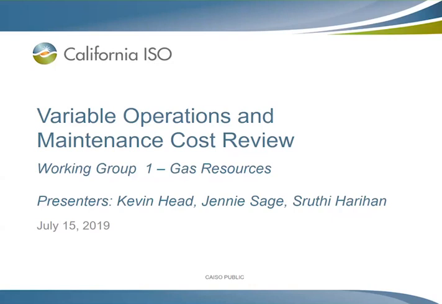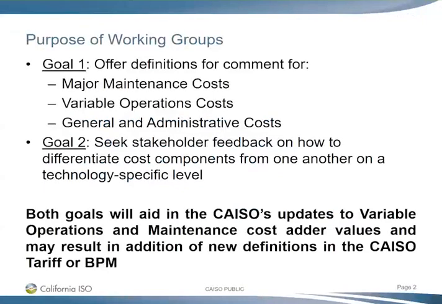Hi, everyone. Kevin Head. I'm a market engineering specialist here at the California ISO. I'd like to start by just discussing the high-level purpose of the working groups. First goal is to offer some definitions for comment of a few cost component items: major maintenance costs, variable operations costs, not to be confused with the variable operations and maintenance adder, and general and administrative costs.